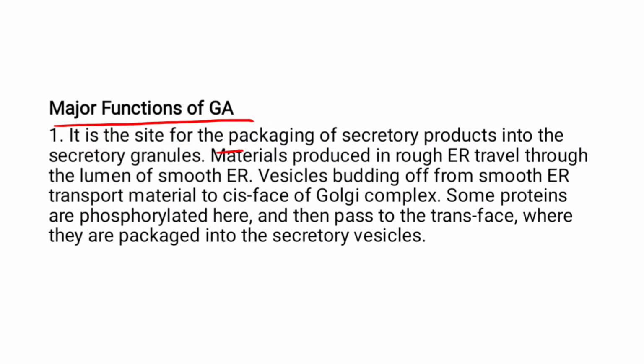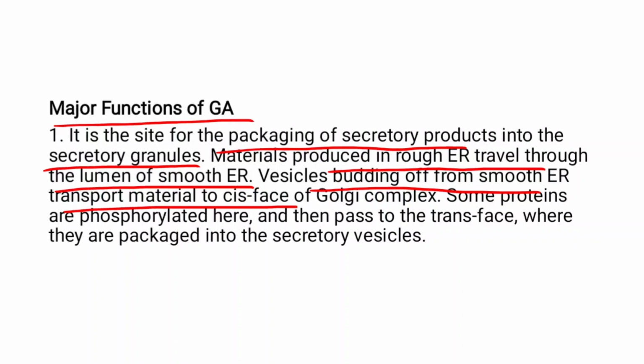It is the site for packaging of secretory products into the secretory granules. Materials produced in the rough endoplasmic reticulum travel through the lumen of the smooth endoplasmic reticulum. Vesicles budding off from the smooth endoplasmic reticulum transport materials to the cis face of the Golgi complex.